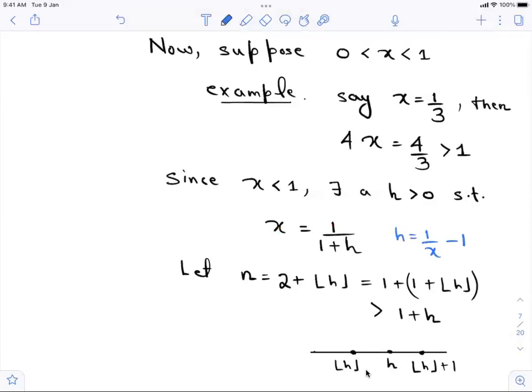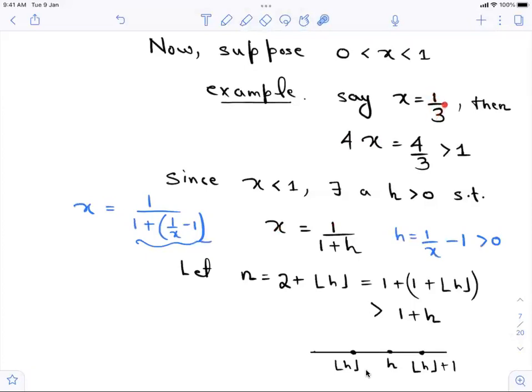See, x is less than 1, therefore 1 by x is strictly bigger than 1, so this quantity is bigger than 0. By this identity, x is equal to 1 by 1 plus (1 by x minus 1). If we simplify this identity, we get x. So I can write x as 1 by 1 plus h, which looks similar to 1 by 3.